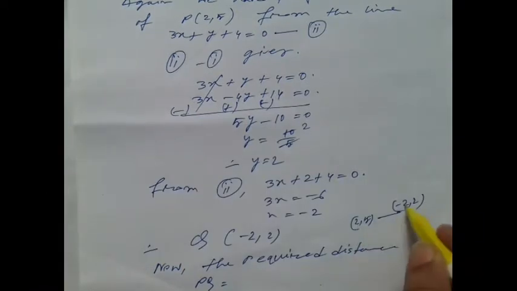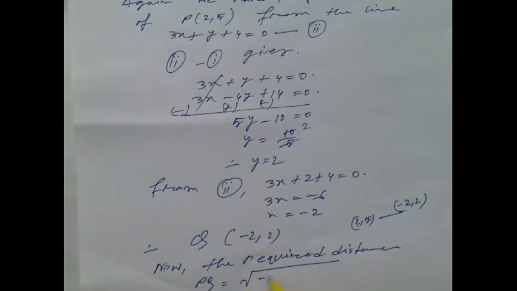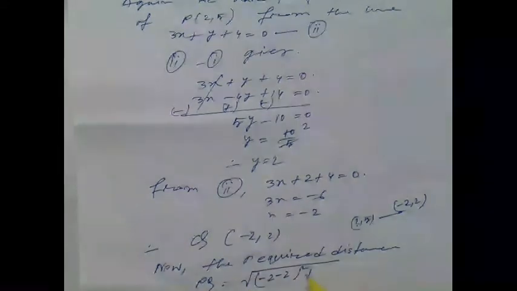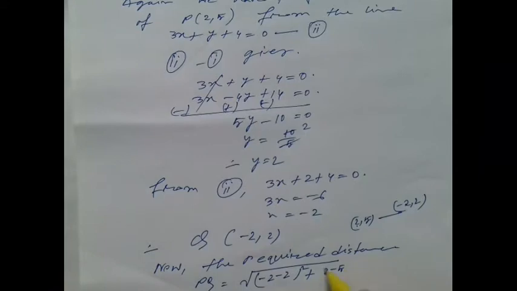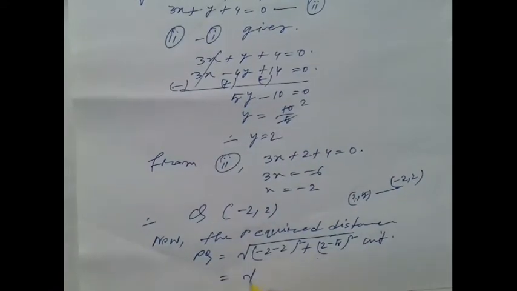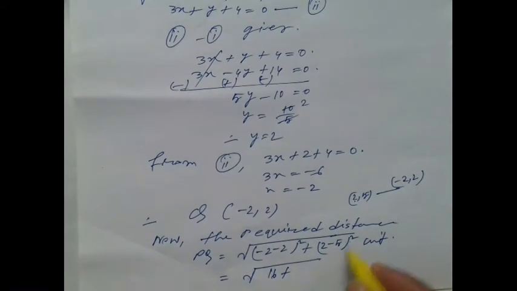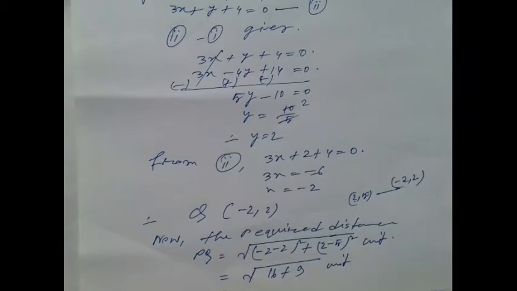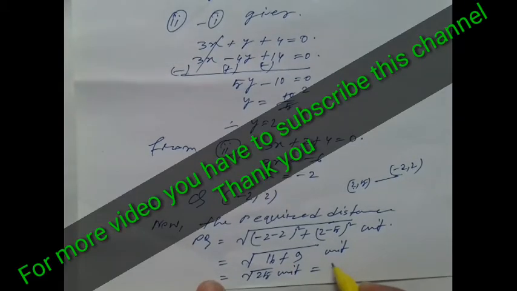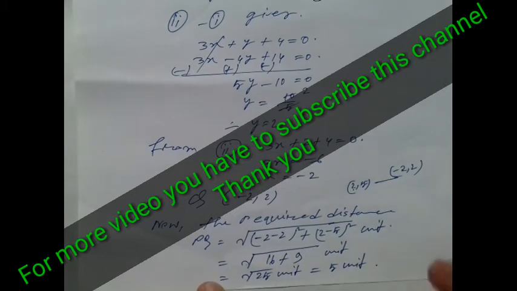So it is the root of (x2 minus x1) whole square plus (y2 minus y1) whole square, in units. Okay, so root of minus 4 whole square, means 16, plus 2 minus 5, that is minus 3, whole square, means 9, units. So naturally we are getting root 25 units, which equals 5 units.